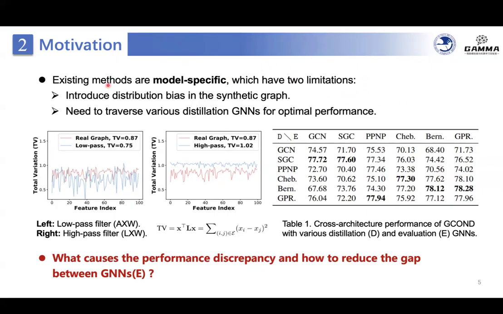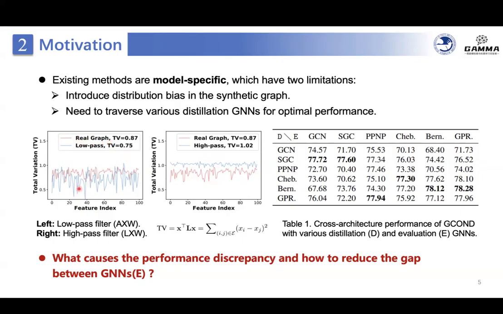The first one is that existing methods introduce distribution bias in the synthetic graph. In this experiment, we use a low pass GNN and a high pass GNN to generate the synthetic graph. And then we compare the total variation distribution with the raw graph.